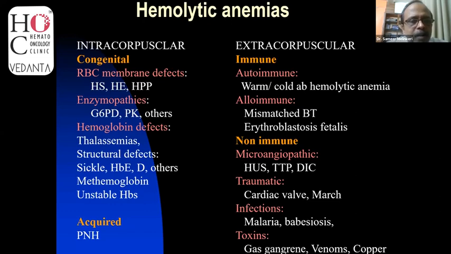So you can have intracorpuscular defects, meaning defects within the red blood cell, or extracorpuscular defects, something which comes from outside and destroys it. Intracorpuscular defects could be congenital or acquired, and they could be red cell membrane defects, such as hereditary spherocytosis, elliptocytosis, pyropoikilocytosis; defects in the red cell enzymes, which are G6PD, pyruvate kinase, and many others which are rarer; hemoglobin defects such as the thalassemias, or structural defects in the hemoglobin such as Sickle, hemoglobin E, D, and others; then methemoglobin and unstable hemoglobins.